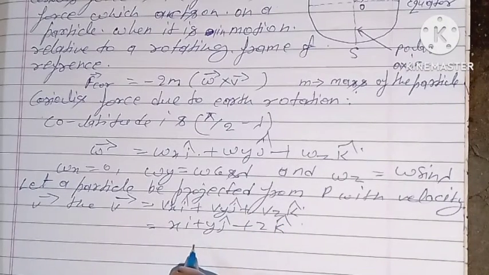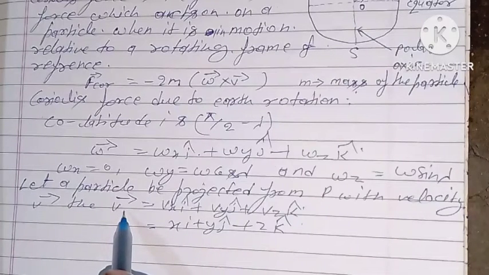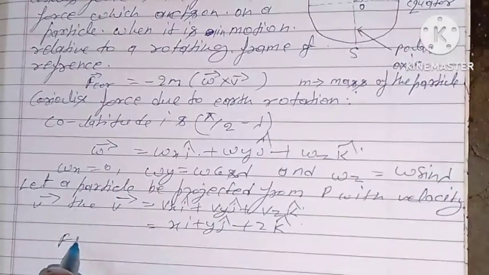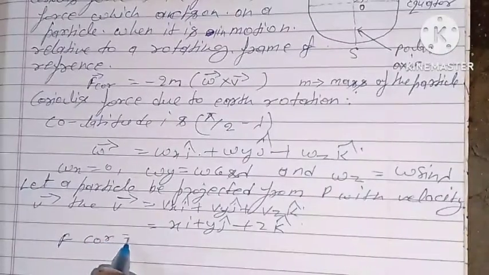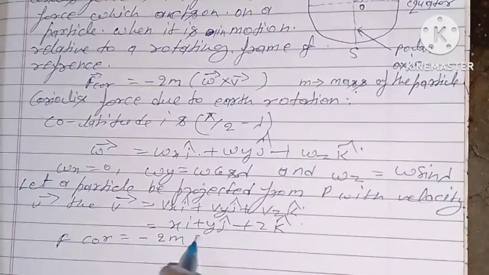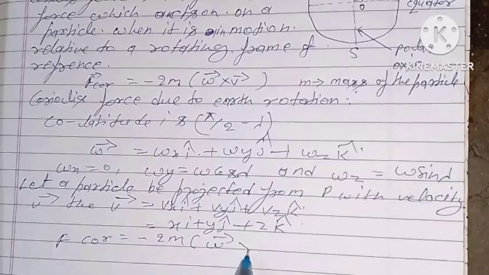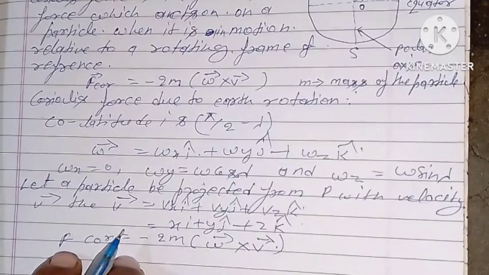Coriolis force acting on a particle moving with velocity v in a reference frame rotating with angular velocity omega is given by F Coriolis equal to minus 2m omega vector cross vector v.